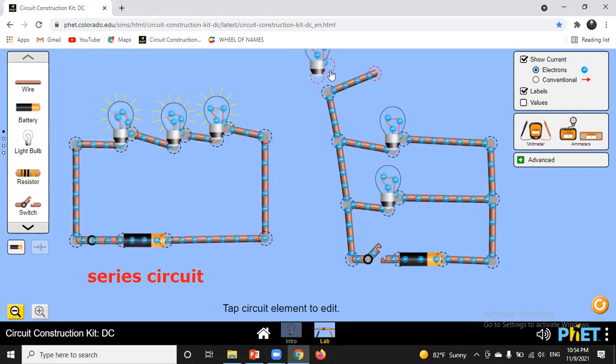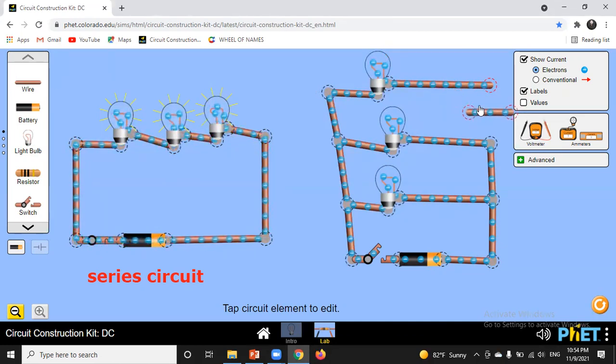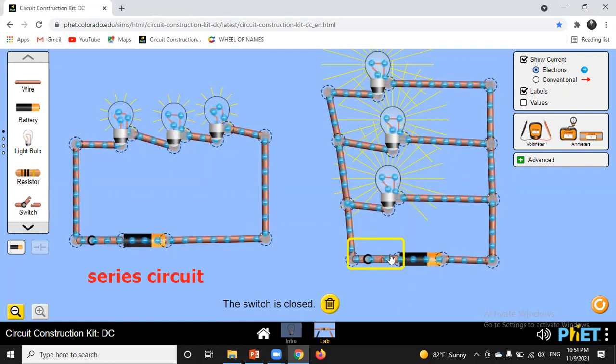I'm building for you here a parallel circuit made of 3 loops. Let's turn on the switch and figure out what's going to happen. Wow, electricity keeps working in all loops, as you can see here.